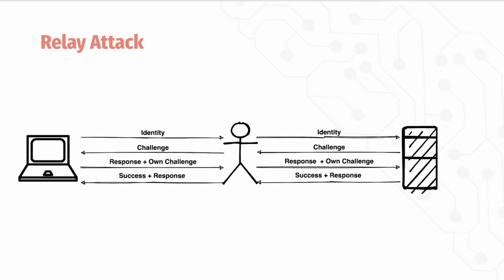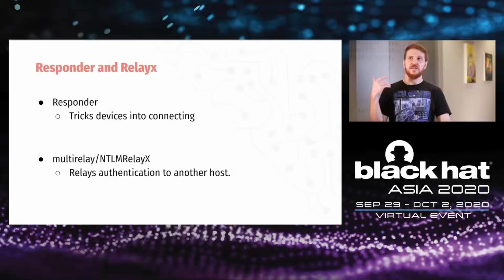You can see in this diagram, the identity comes in. Rather than handling the identity, we pass it directly off to a server. The server sends back a challenge. Rather than handling that, we once again just send it to the client, and so on. So this allows us to connect to the server while abusing someone else's authentication attempt.